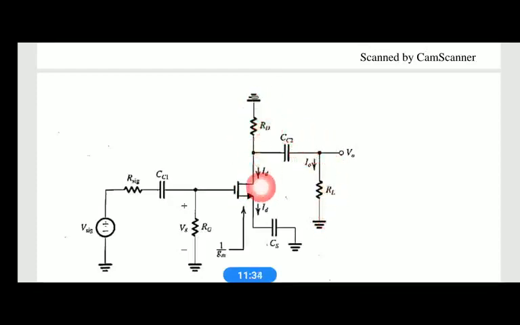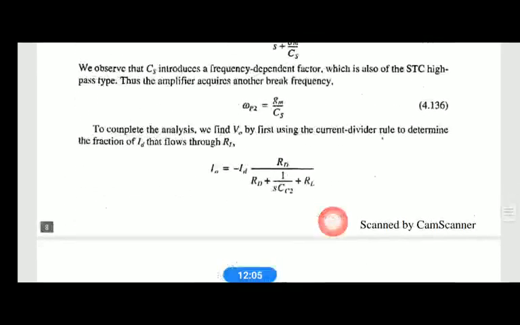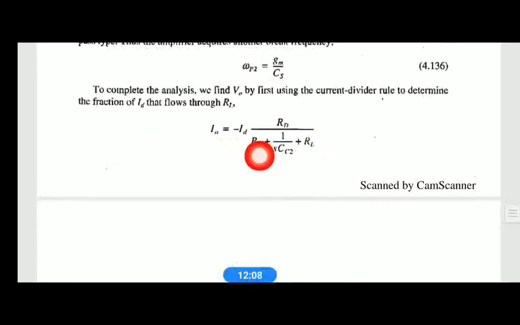So I naught is ID into Rd divided by Rd plus 1 by sCc2 plus RL. Since the direction of the current is leaving this network, we take ID as minus ID. Therefore I naught is equal to minus ID into Rd divided by Rd plus 1 by sCc2 plus RL.